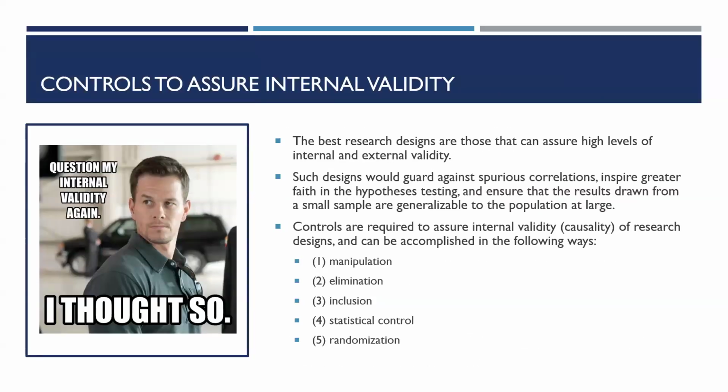Now, we can do a lot of things to assure internal validity, to make sure we're really capturing what we say we're going to capture and we're doing our research right. We've got manipulation, elimination, inclusion, statistical control, and randomization. And I've been a little bit of a bad professor this last little bit because I keep talking about controlling for variables, and we haven't really talked very much about what that means.